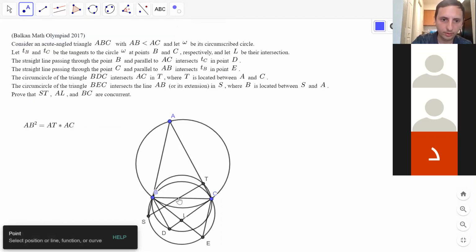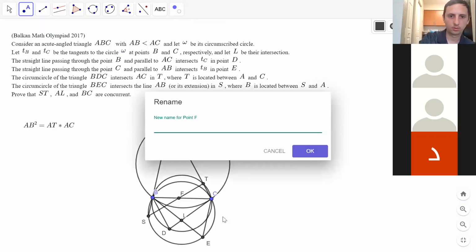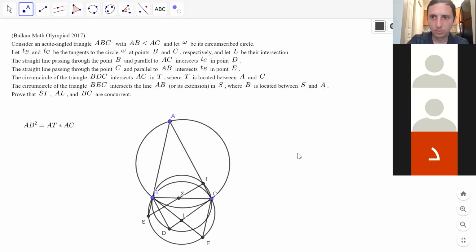So you're saying this is point X. X lies on the A median, and triangle BAT, a Ceva.